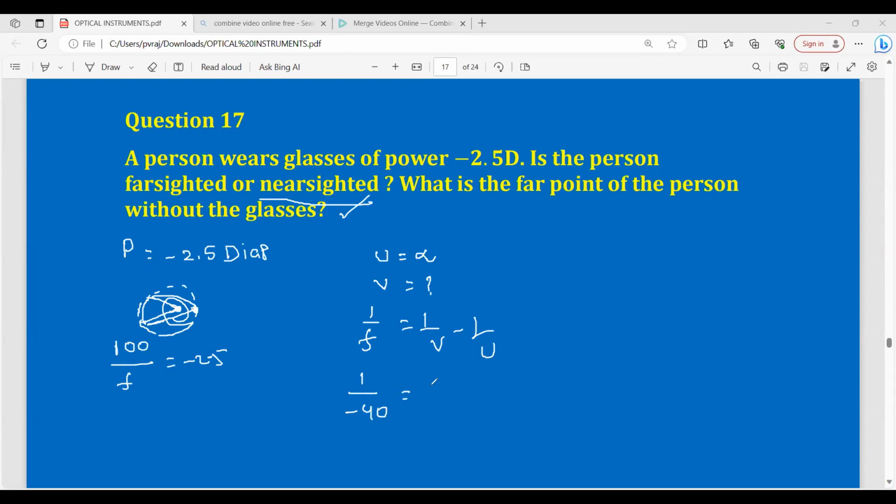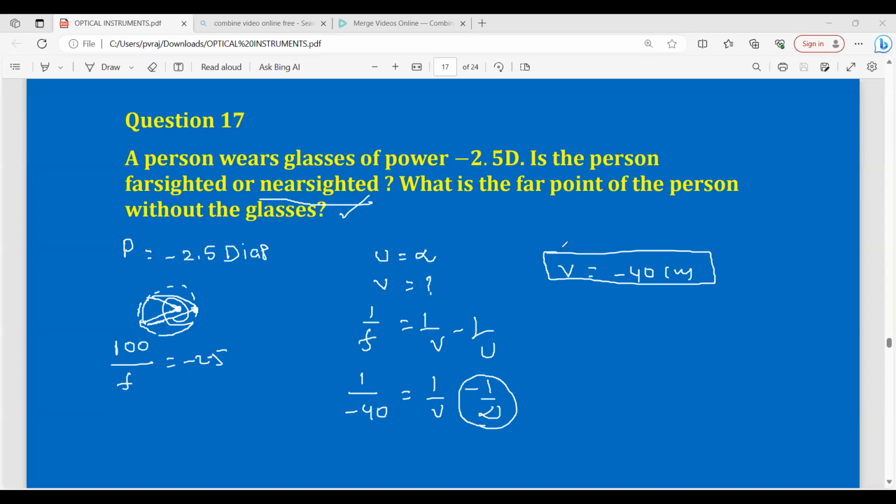F equal to -40, equal to 1/v minus 1/infinite. 1/infinite becomes 0 only, na? So what is the v value? -40 centimeters. That means if the object is at infinity, at long distances, he is able to see by his own, not by using any lens, only up to -40 centimeters.